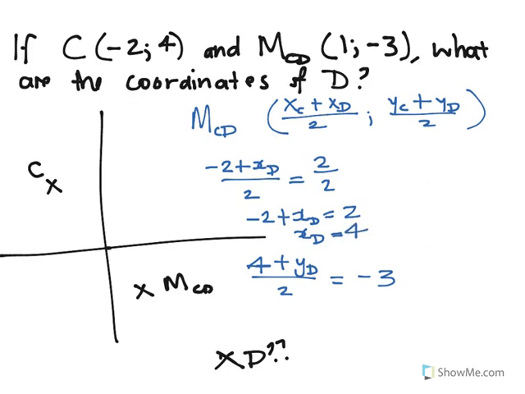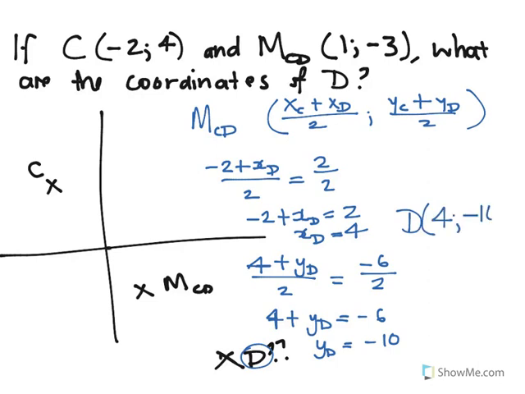And to find my y coordinate, I'm going to write -3 as -6 over 2, so that means that 4 plus yD is equal to -6, and so yD will be -6 minus 4, which is -10. And that makes sense given where we projected D will be. The coordinates of D are 4 and -10. It checks out with our visual.